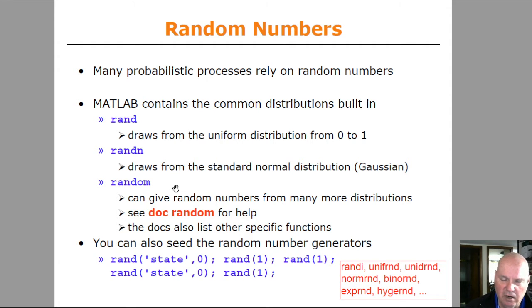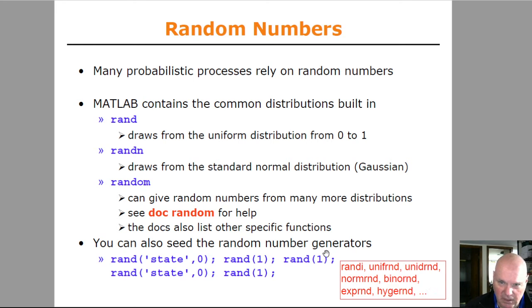Octave and MATLAB have now included a bunch of other specific functions: uniform random, uniform discrete random, which you can set up to return the numbers from 1 to 6, like for a dice simulation. Normal random takes arguments of the mean and standard deviation. Binomial random number generation, exponential, hypergeometric, and on and on.